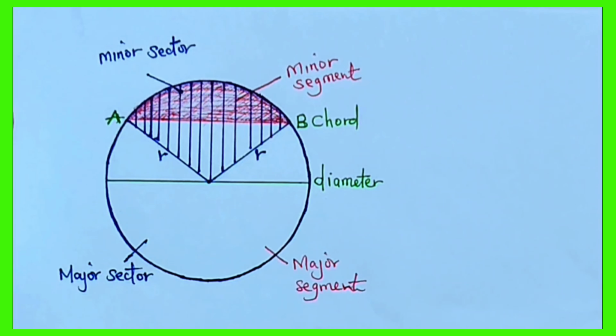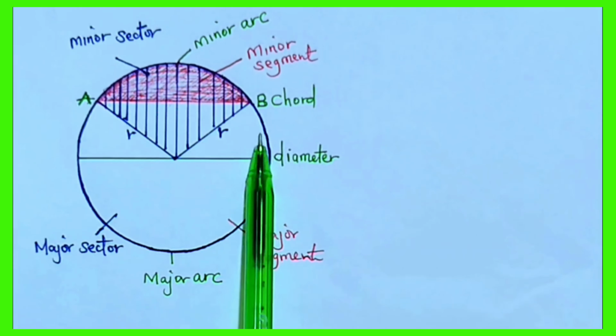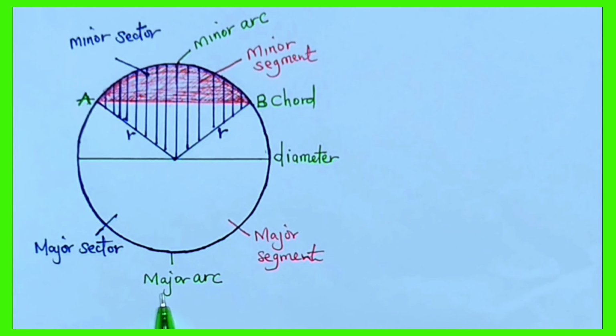What about the arc? The arc is a portion of the circumference, and therefore in relation to the ends of the chord AB, I can consider this line here, being the minor portion, to be the minor arc of the circle, and then this portion of the circle, being the larger one, to be the major arc of the circle.